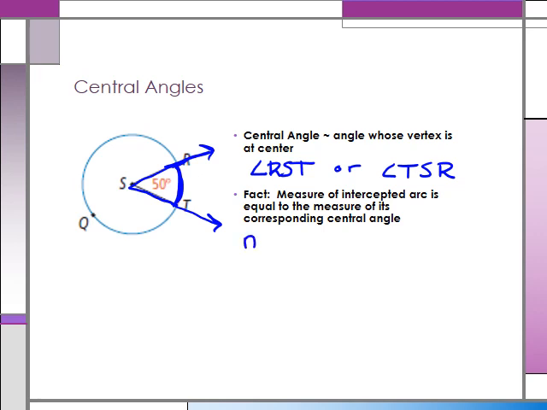So the measure of angle RST is equal to the measure of arc RT. So we say those are equal. Notice I'm using the M to mean the measurements in both of those. Again, your notation is important.